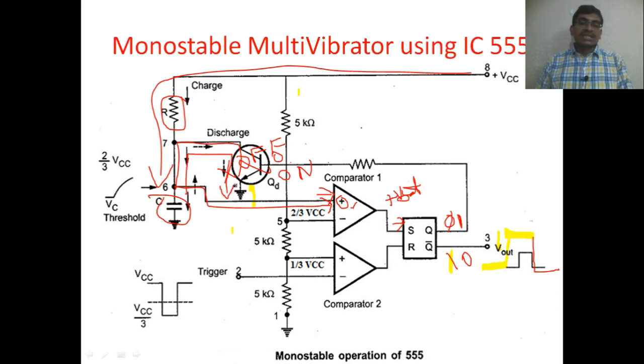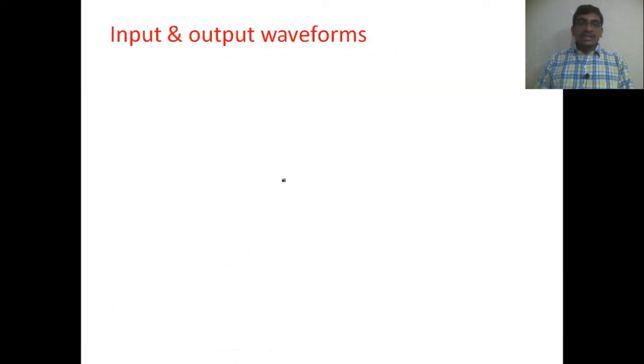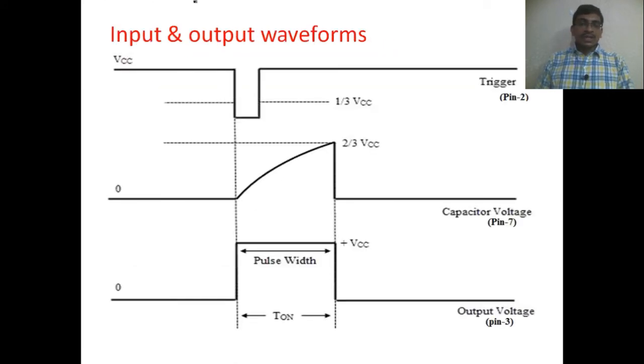See, this is the waveform. When we apply the trigger, what happens? This is the capacitor charging. The capacitor starts charging from 0 volts to VCC volts, and the output is also equal to plus VCC. When the charging voltage reaches 2 by 3 VCC, the upper comparator will trigger.